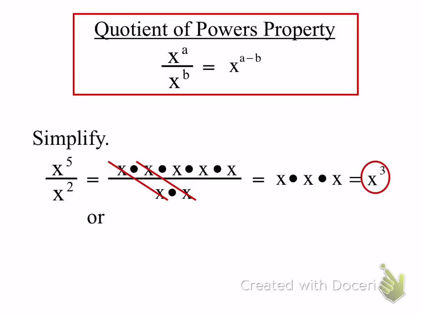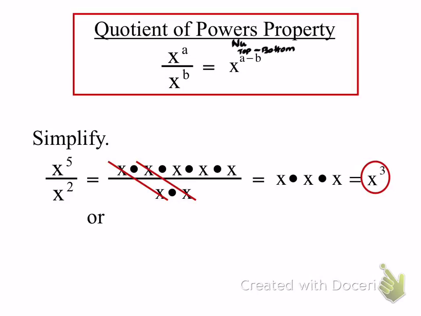Now, there's a couple different ways you can do this. We can do our subtraction rule. And one thing to think about is if you're doing the subtraction, we always do top minus the bottom. Numerator minus denominator.